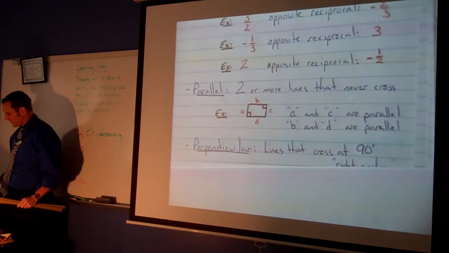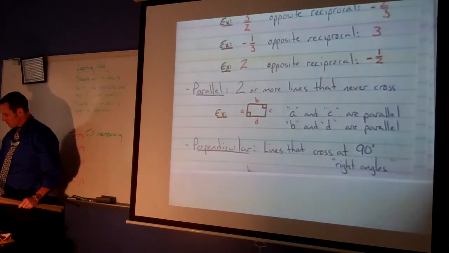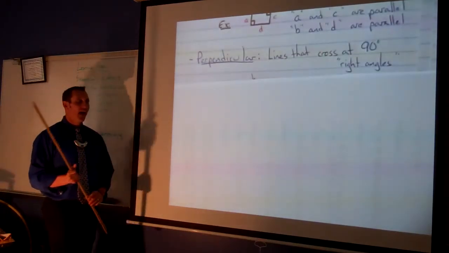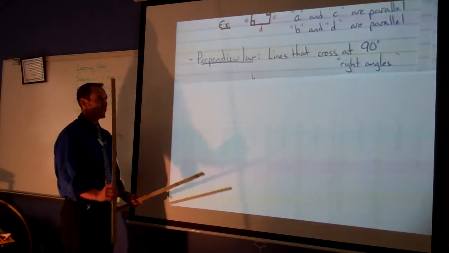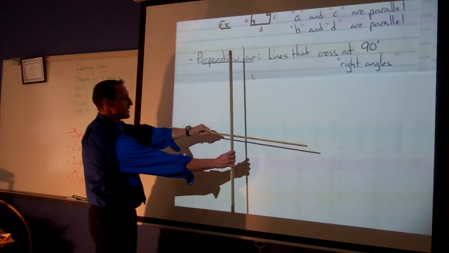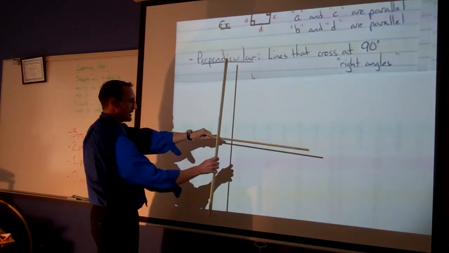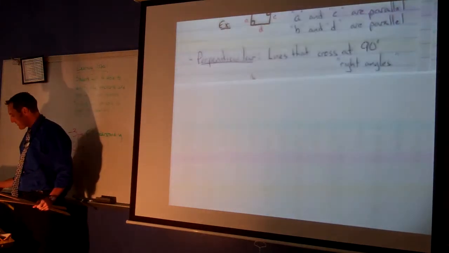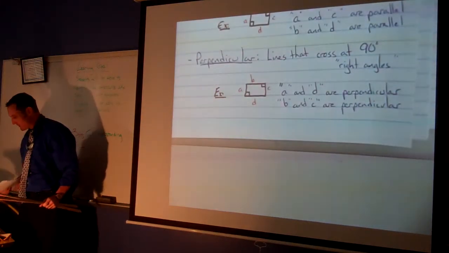We also need to remember perpendicular. Perpendicular means lines that cross at 90-degree angles, or right angles. I'll emphasize that with that same rectangle example.